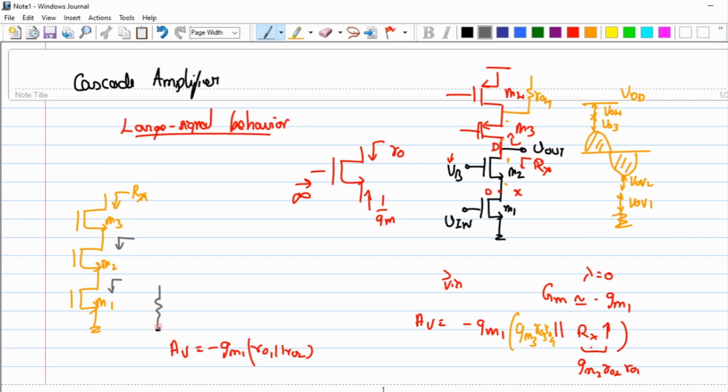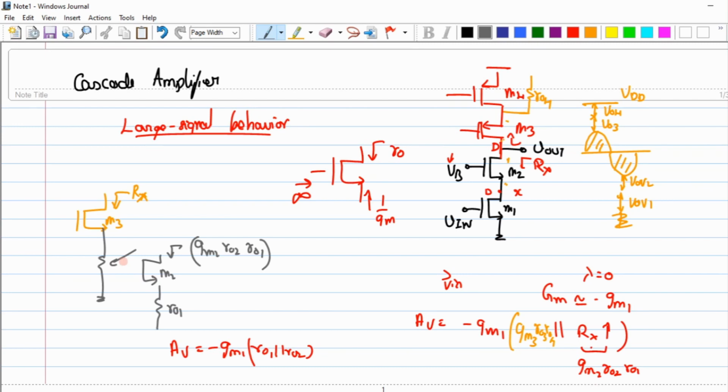What I have here is ro1, and when I pass it through this M2, I get gm2 ro2 ro1. This entire impedance I can model as a resistor attached to the source of M3. Now when I look through this M3, this resistance gets further magnified by the intrinsic gain of M3. So it's as simple as that, and that is how I can shoot up this Rout.